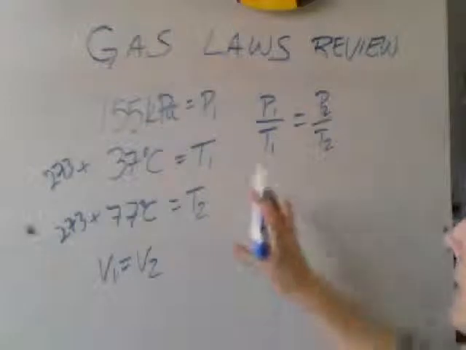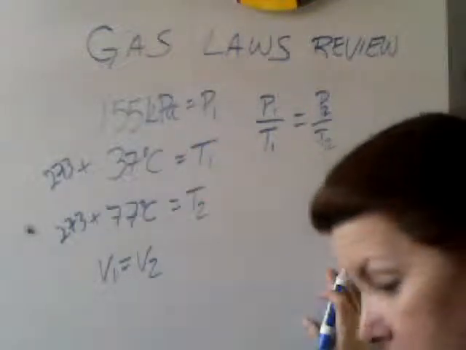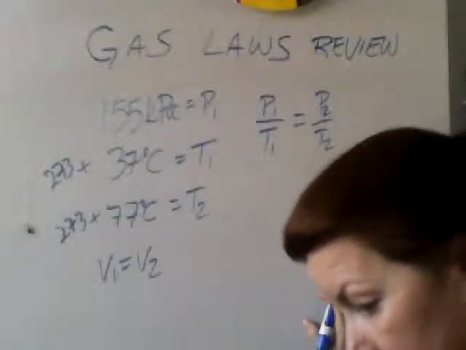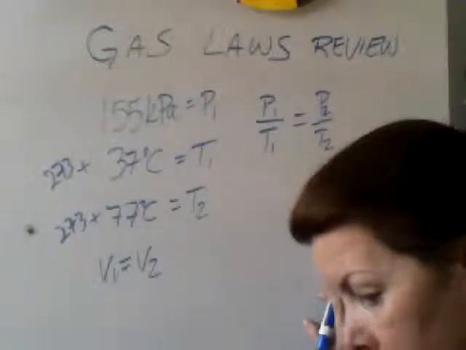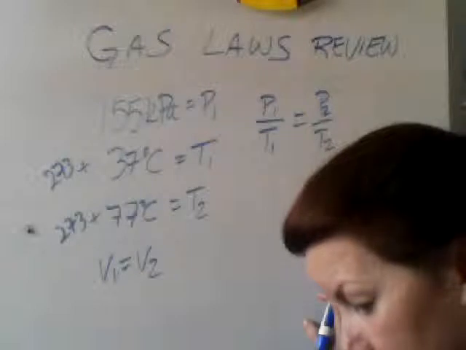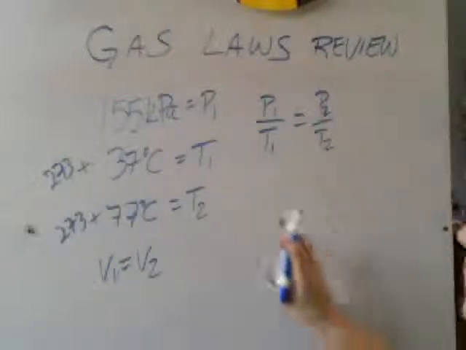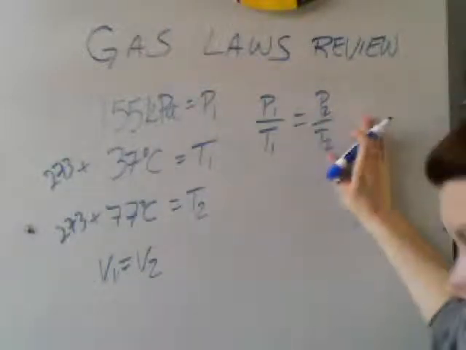We do not need to change our pressure. We can keep it in pascals unless it asks for something else, which of course it does. It asks for the pressure in atmospheres. So we'll do that at the end. So we'll substitute in.